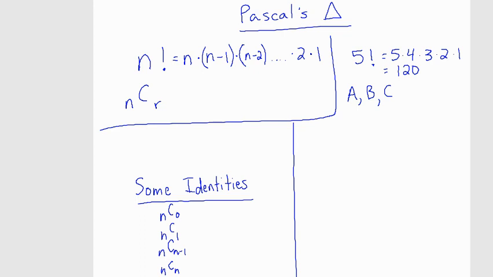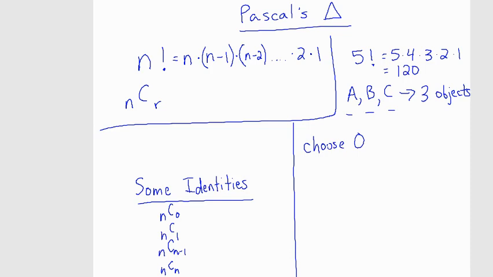So for example, I've listed out A, B, and C. Let's call these my objects. So I have 3 objects in this group. And 3 is always a nice one to do because it's small enough that you can get all the examples out of the way. Let's say I have 3 objects and I want to choose 0.